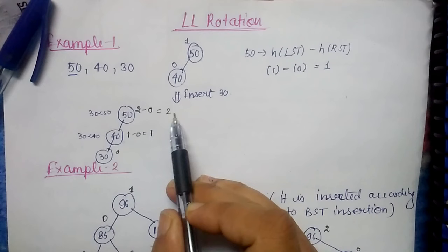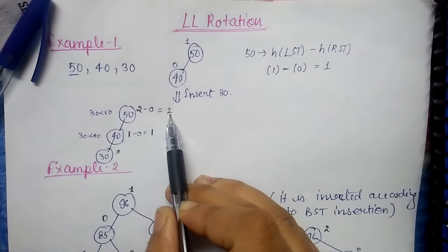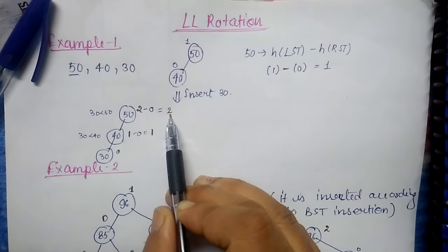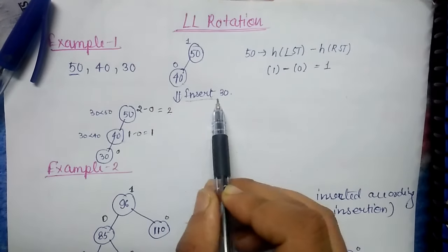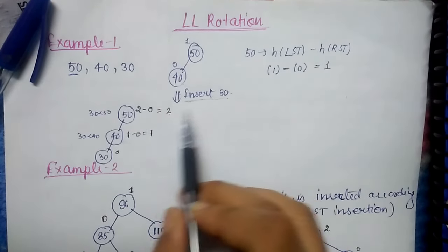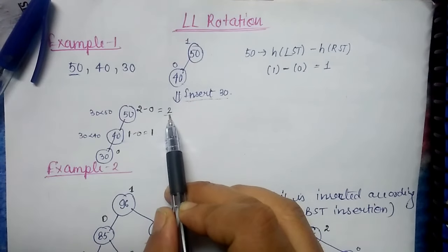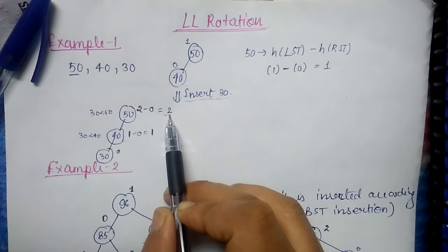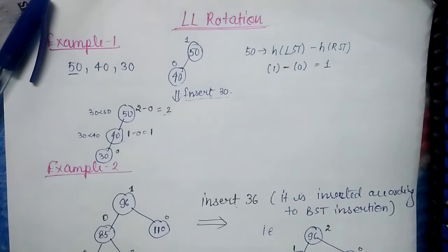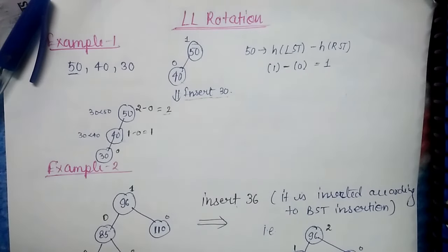Yes, now you are getting the balance factor of 2. So just because of the insertion of 30, we are getting an unbalanced tree. Now from the four rotations, we have to identify which rotation we have to apply so that we can balance the height of the tree.